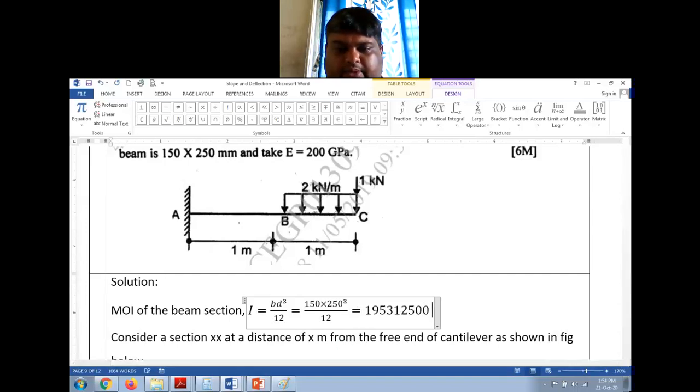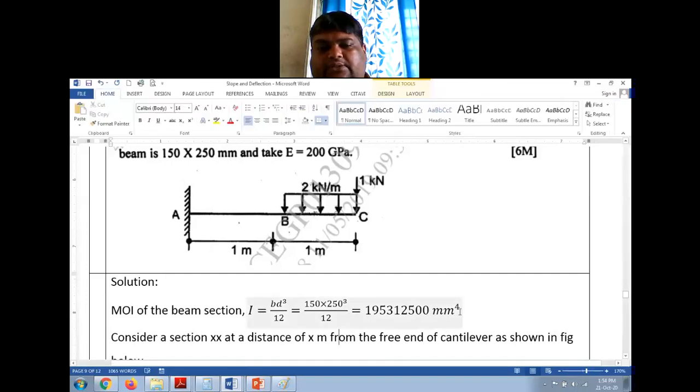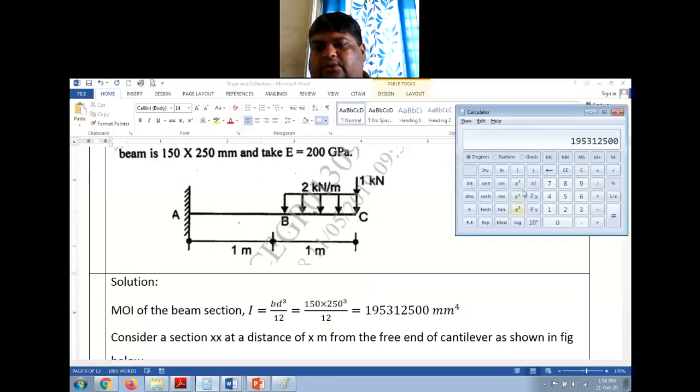This will be mm raised to 4, right? I want this in meter raised to 4 so that my calculation becomes simple. So to convert mm raised to 4 into meter raised to 4, I have to divide by 10 raised to 12, right?